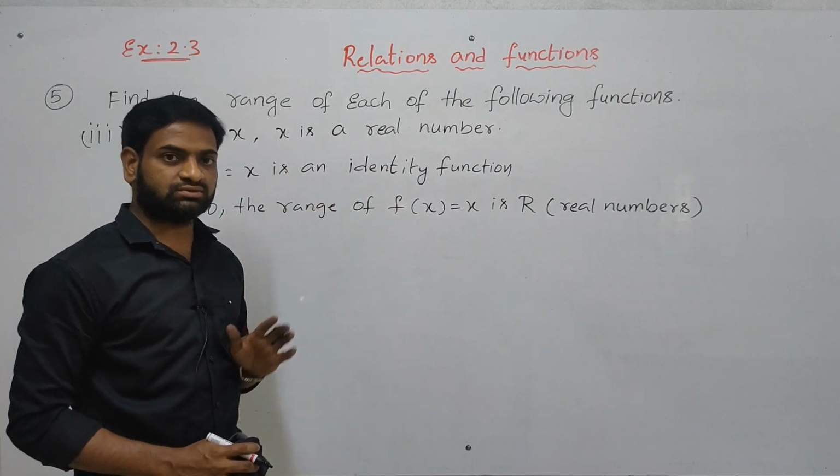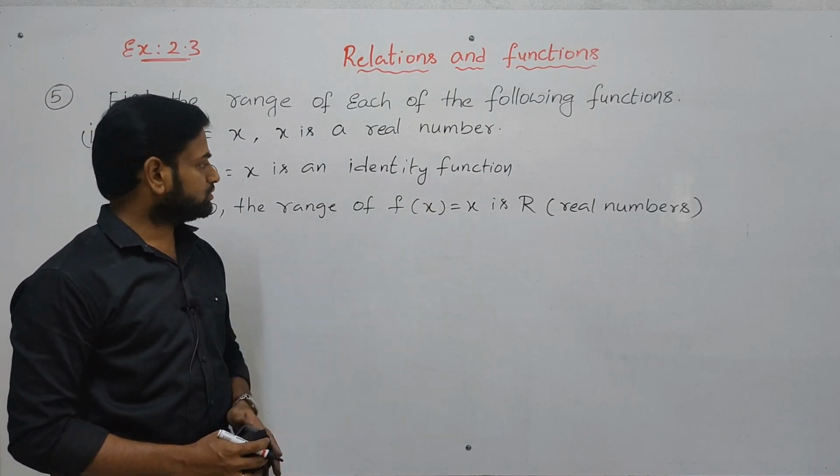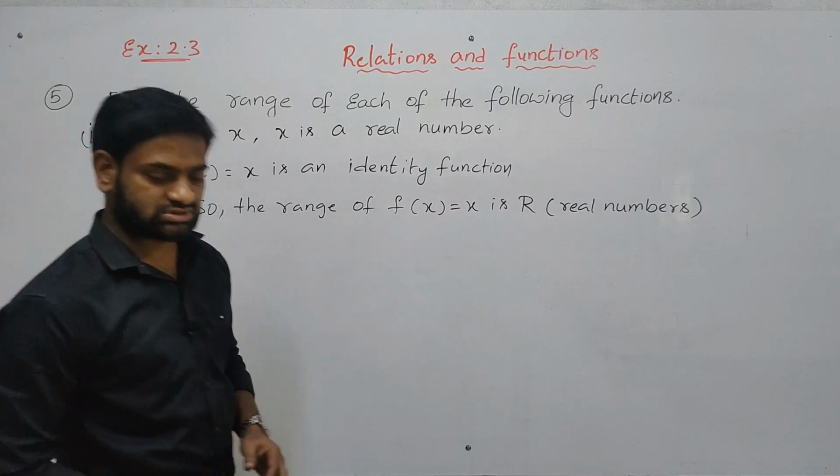When it is an identity function, the range is real numbers. So the range of f of x equal to x is real numbers.